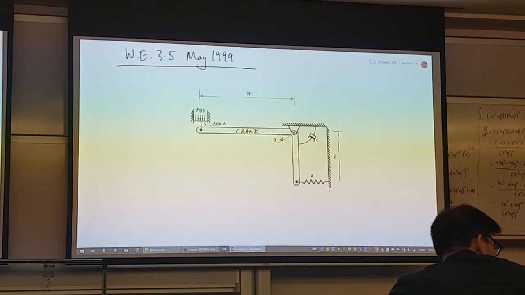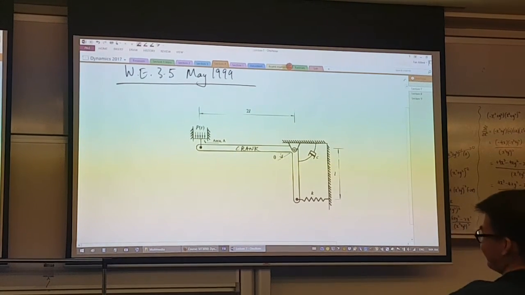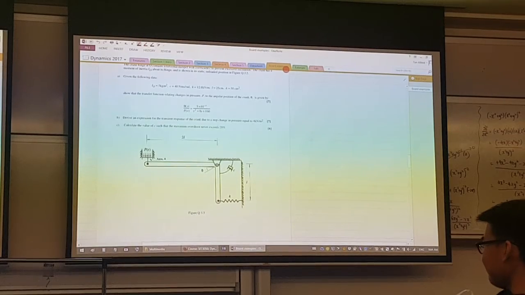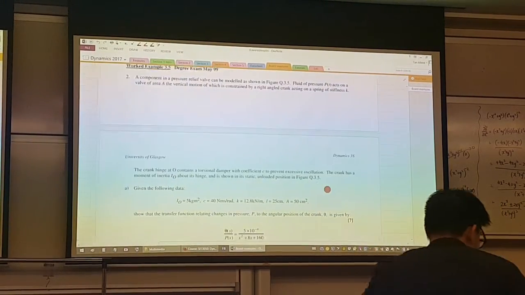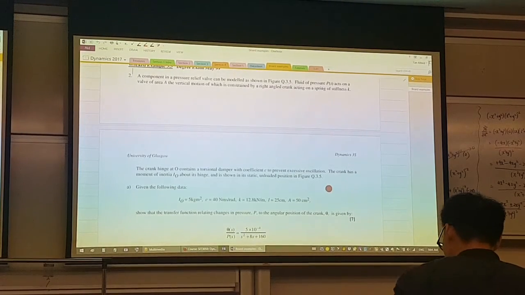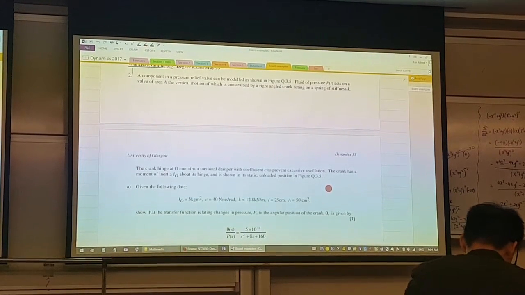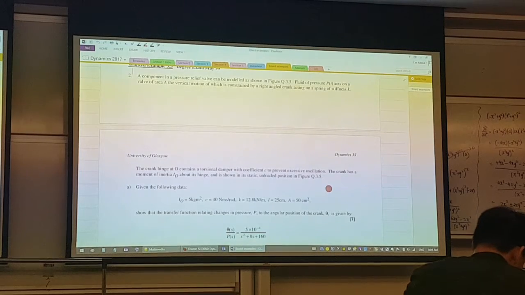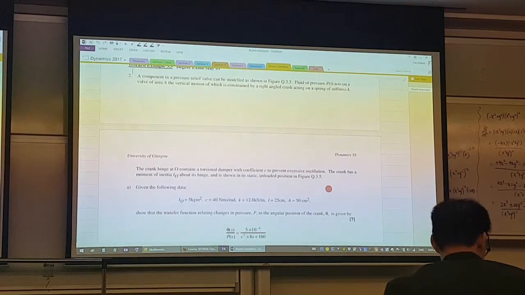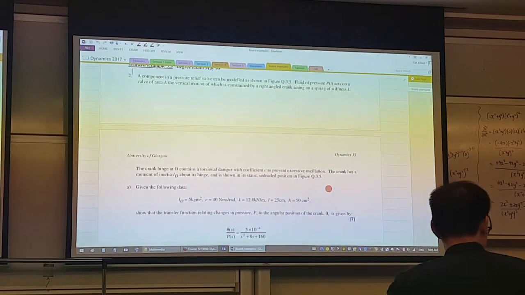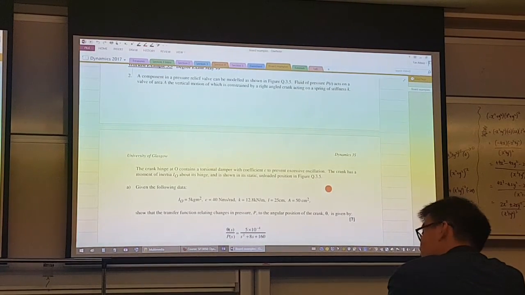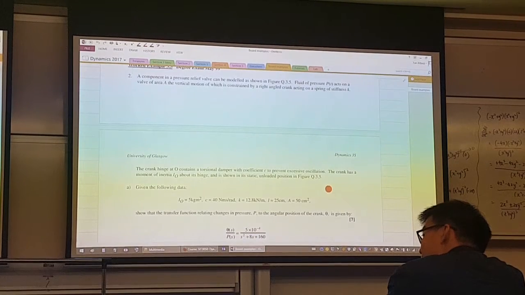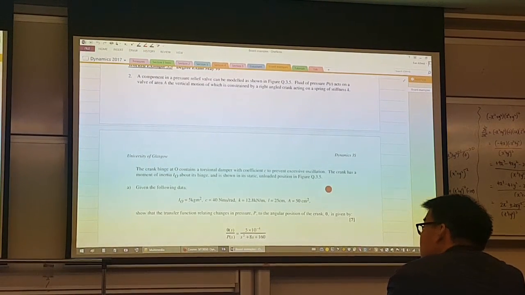So if you look at the question, it didn't say that the crank has any mass at all, correct? Even though it's sketched in a very thick format, because they didn't mention any mass at all, during exam you don't have to raise your hand and ask where is the mass.